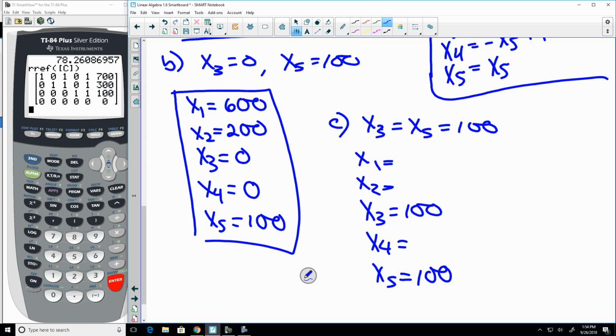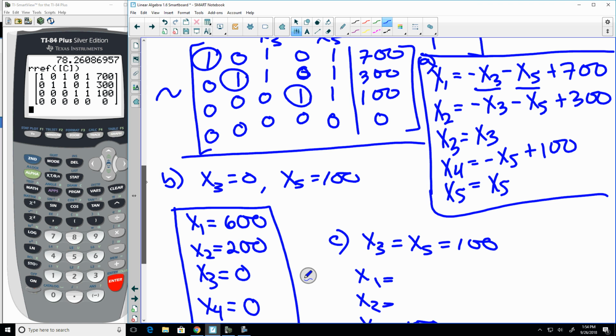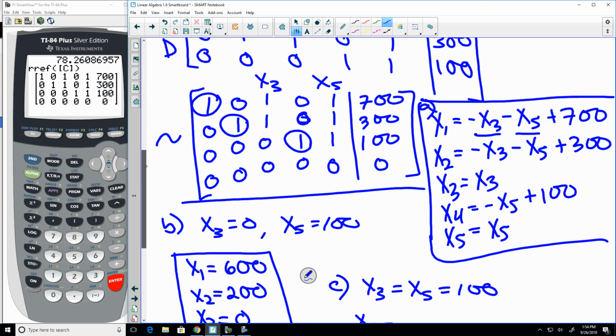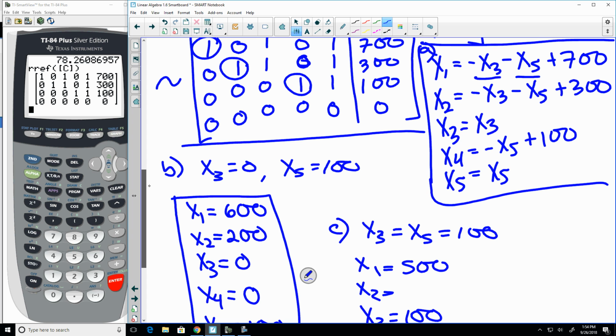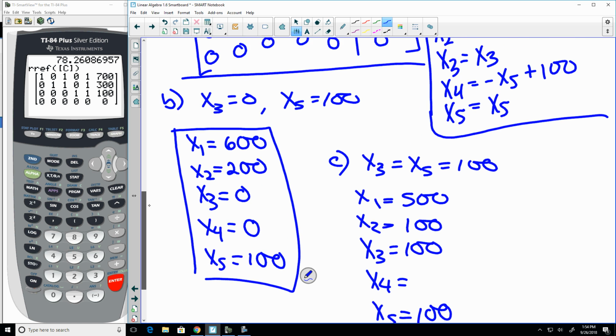X3 and X5 are 100. So what would be the traffic flow? So 500, 100, and then 0 again.